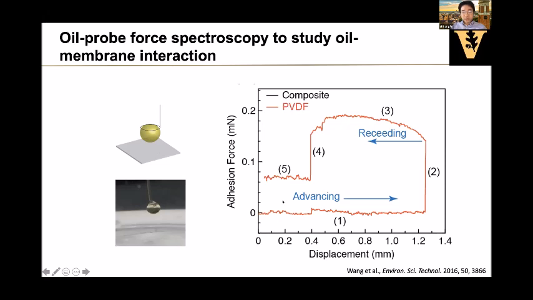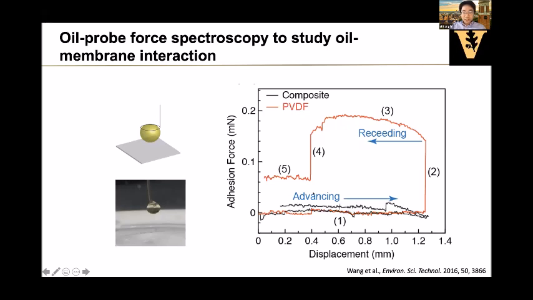This difference is due to the portion of oil that is retained by the membrane. So this curve is for the PVDF membrane. As you can see, the features that I just described: very strong attraction upon contact and some retention of the oil droplet.